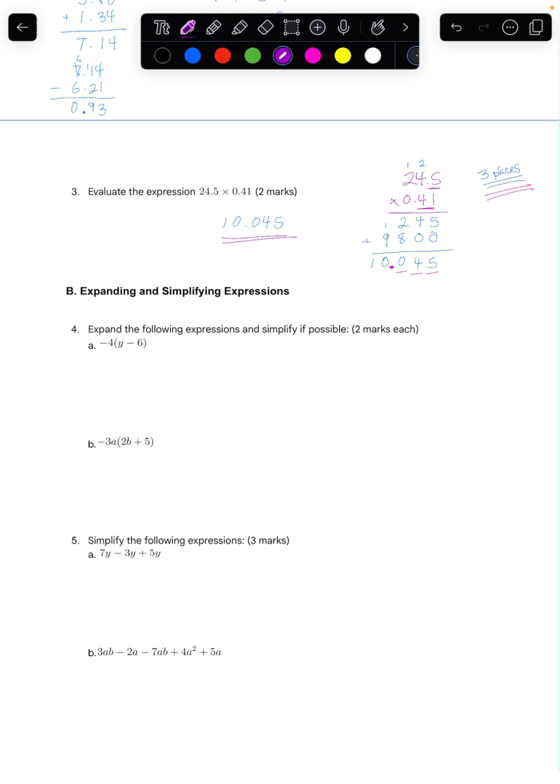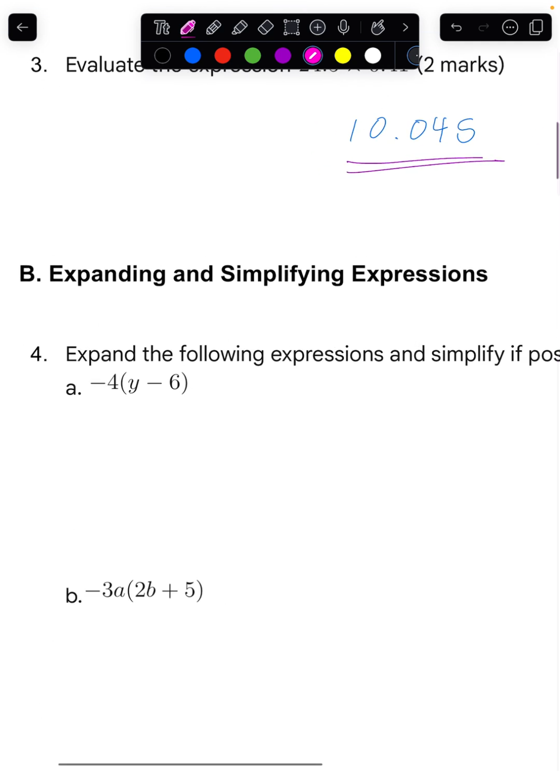We're never going to get rid of those 2 terms, but we do need to use our distributive rule and multiply that negative 4 with each term inside the brackets. So I like to draw my rainbow in this case, so it'll be negative 4 times y plus negative 4 times negative 6. So here we go. Let's see.